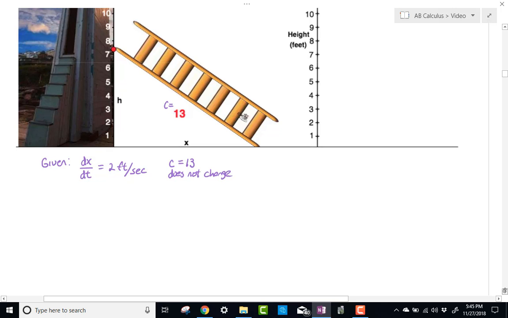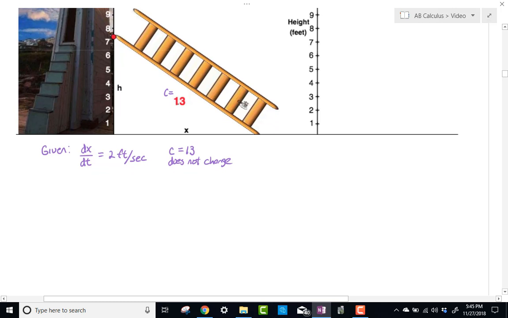Now, our picture is basically a right triangle. As the ladder slides down, the triangle gets longer across the bottom, shorter across the height, but the hypotenuse always stays a consistent 13. So that means that my relationship here is the Pythagorean theorem. So if we were to set this up, we would say that we have 13 squared equals h squared plus x squared.